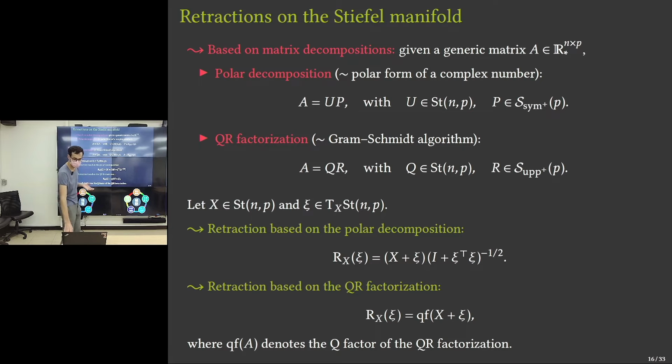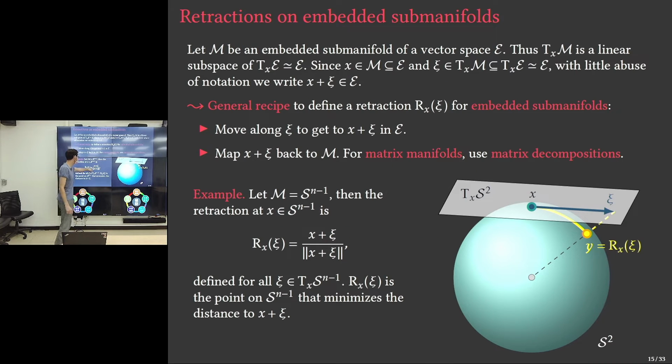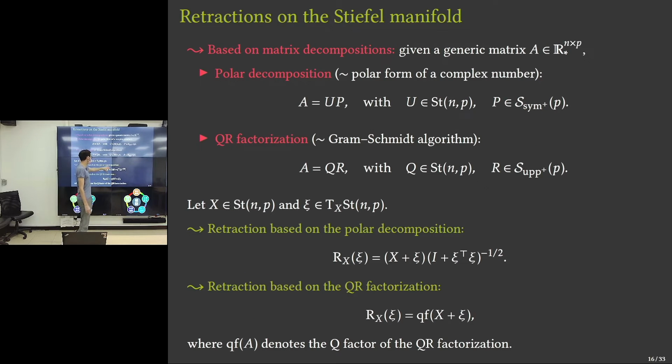Because it really looks like the expression for the sphere: we have x plus xi and then a normalization factor. Here it is a scalar, here, of course, it is a matrix. But there is an analogy, so the meaning is the same.